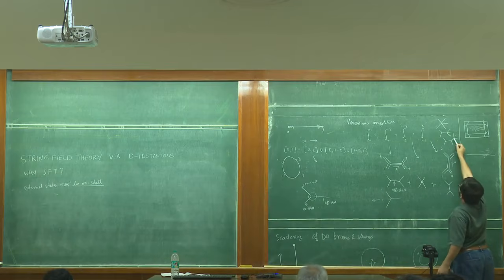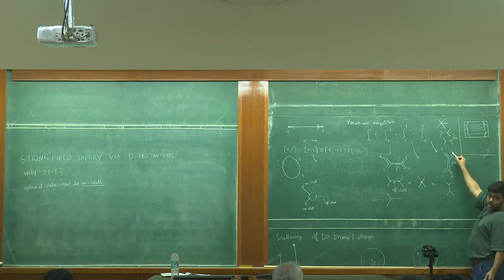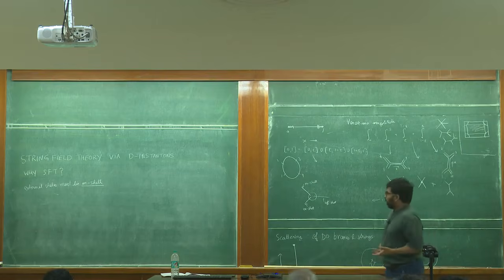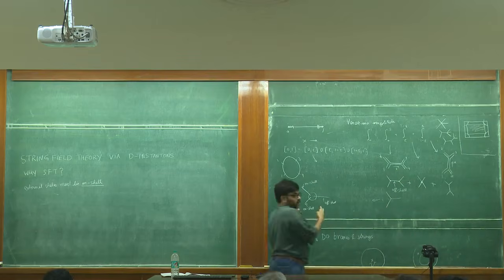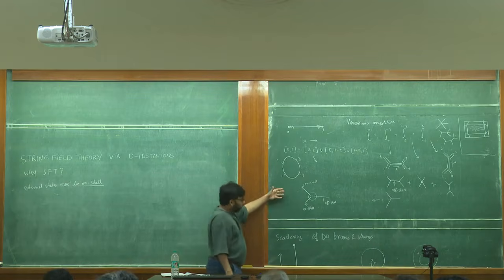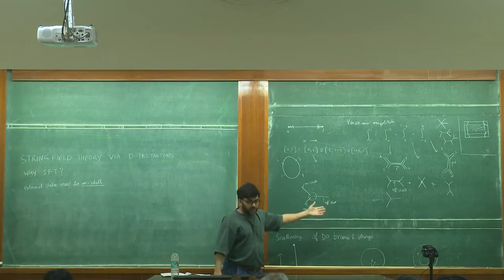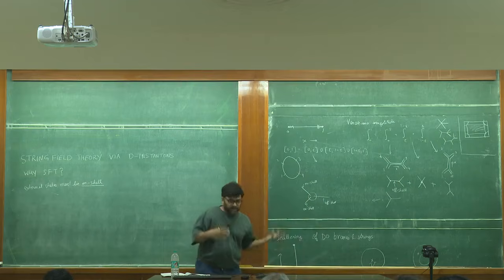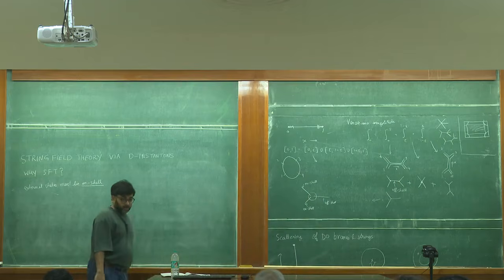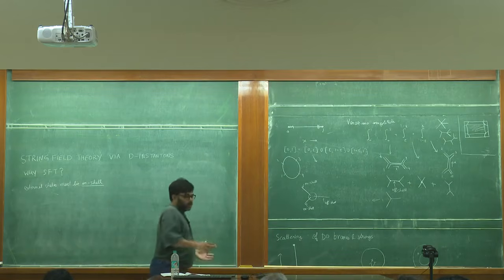In principle, 2 are off shell and only 1 is on shell. So you need a way of calculating a 3-point string amplitude or vertex in which external particles are off shell. And as we are told, it's not possible to do in string theory. So now we seem to be stuck.